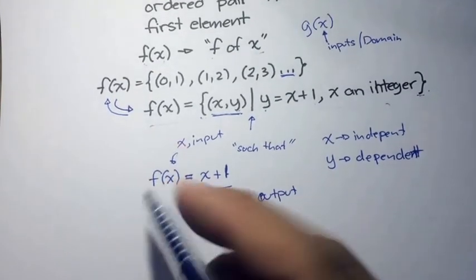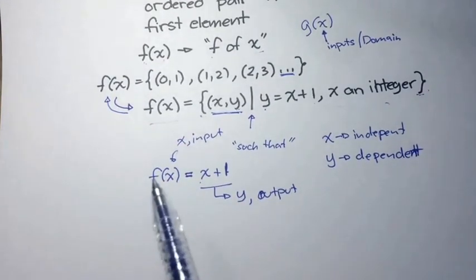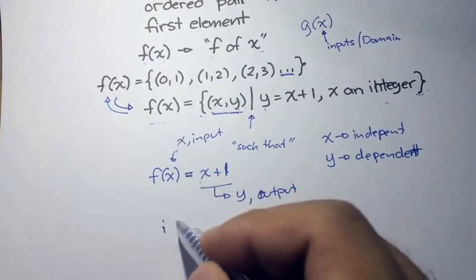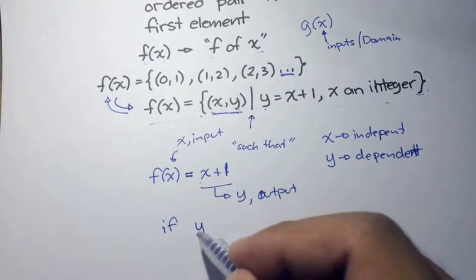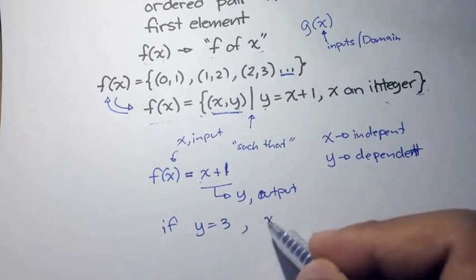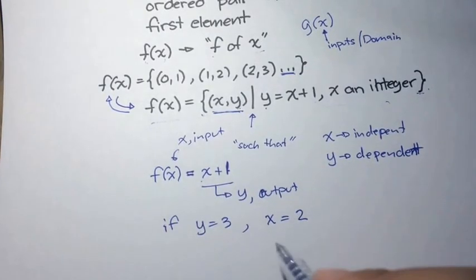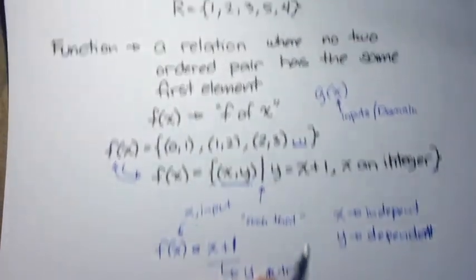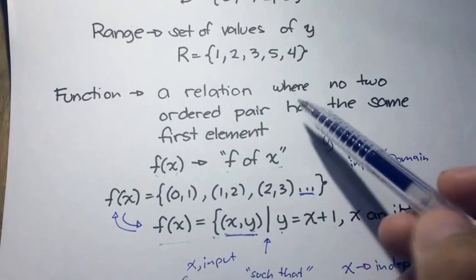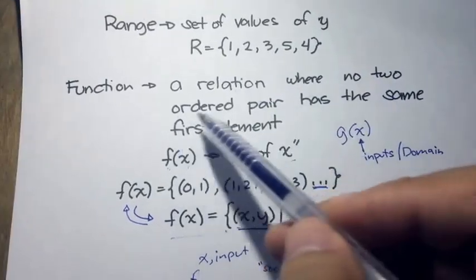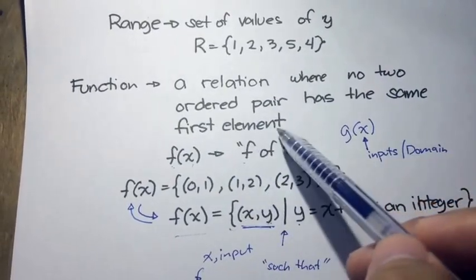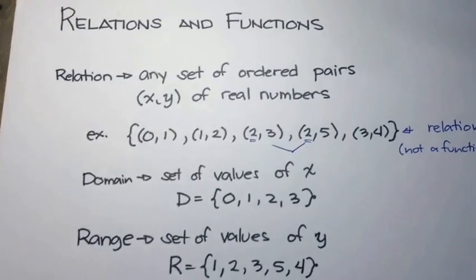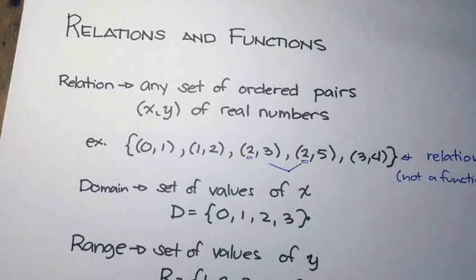And as you can see, if y is equal to 3, x can only be equal to 2, nothing else in this example. It follows that there are no two ordered pairs that have the same first element, or the same x. So these are some basic definitions about relations and functions.